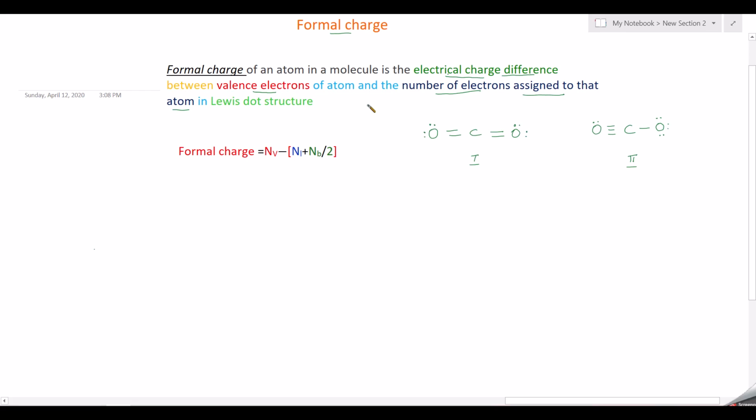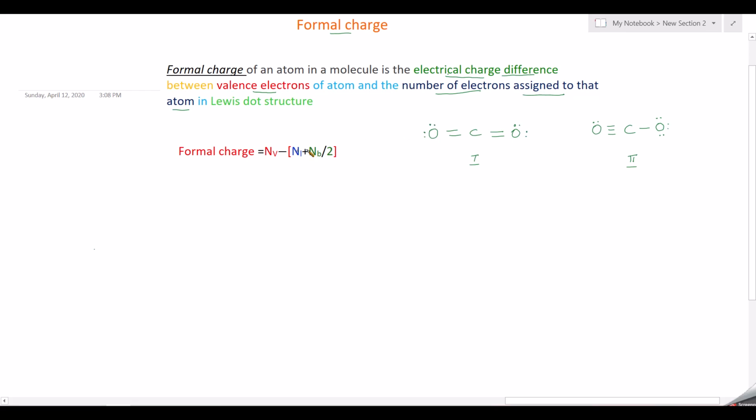So you have to find the difference between the valence electrons and the number of electrons including lone pair, bond pair, everything. That difference will give the formal charge. For example, you take this oxygen. Valence electron of oxygen is 6. The number of electrons assigned to this oxygen is here 2 lone pairs, 2 bond pairs. So you find out the total number of electrons assigned to this one and the valence electrons. Find out the difference. That difference will give the formal charge.